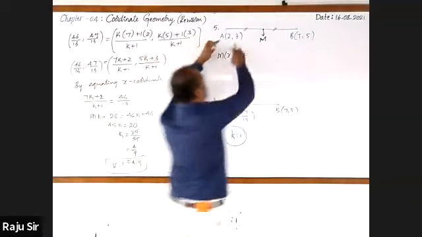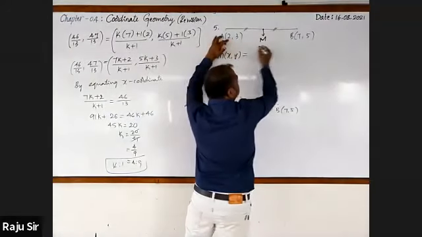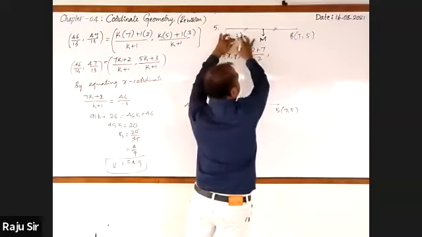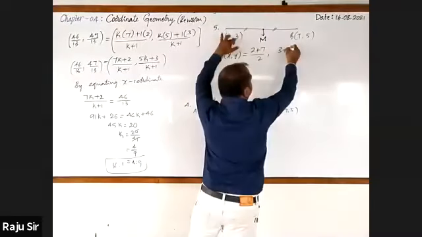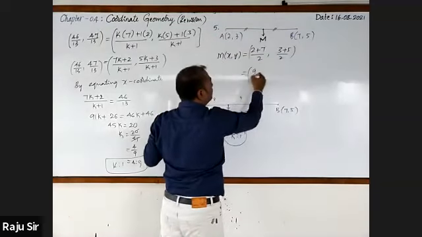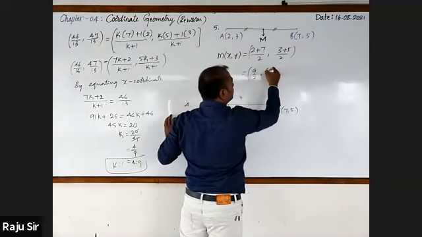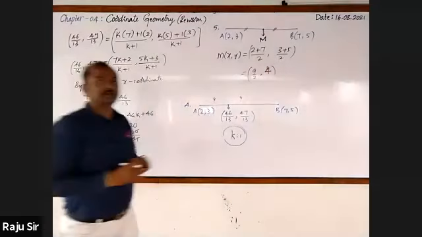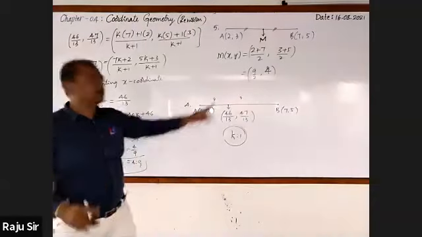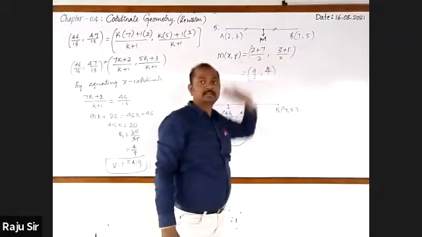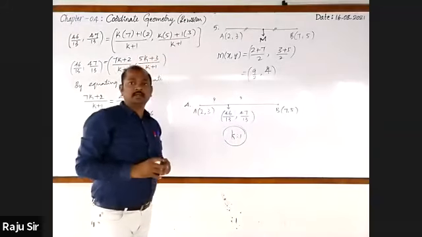Here x1, x2 are 2 and 7, so 2 plus 7 by 2. y1 plus y2 is 3 plus 5 by 2. It is 9 by 2 and 8 by 2, which is 4. So the midpoint is (9/2, 4). This is the coordinates of the midpoint. Clear?